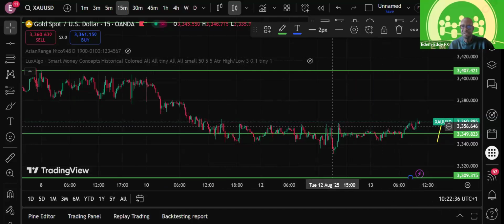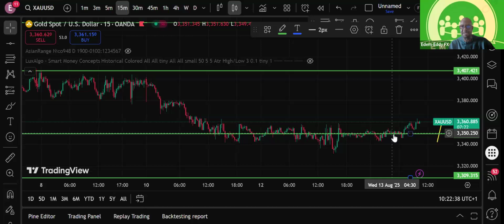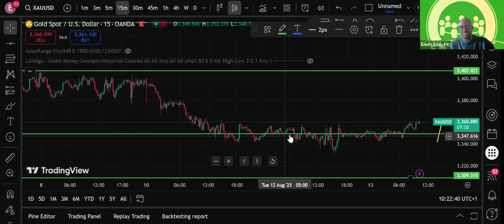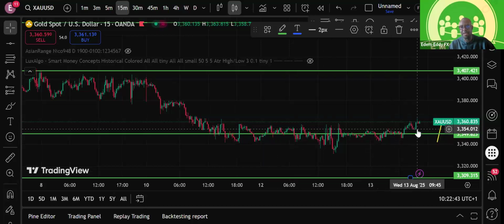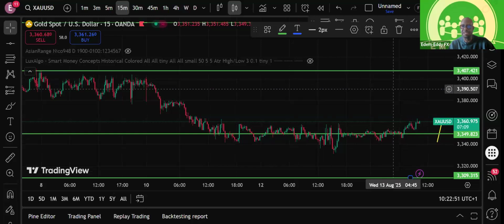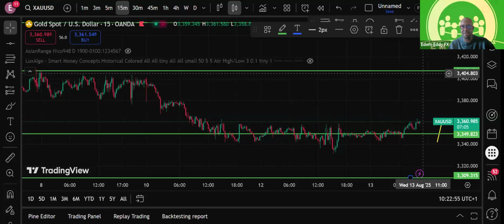What that tells us is that since the market has been around this key area, the next impulsive move will be to the upside, towards this resistance point, which is 3407 up here. So basically, that is it.